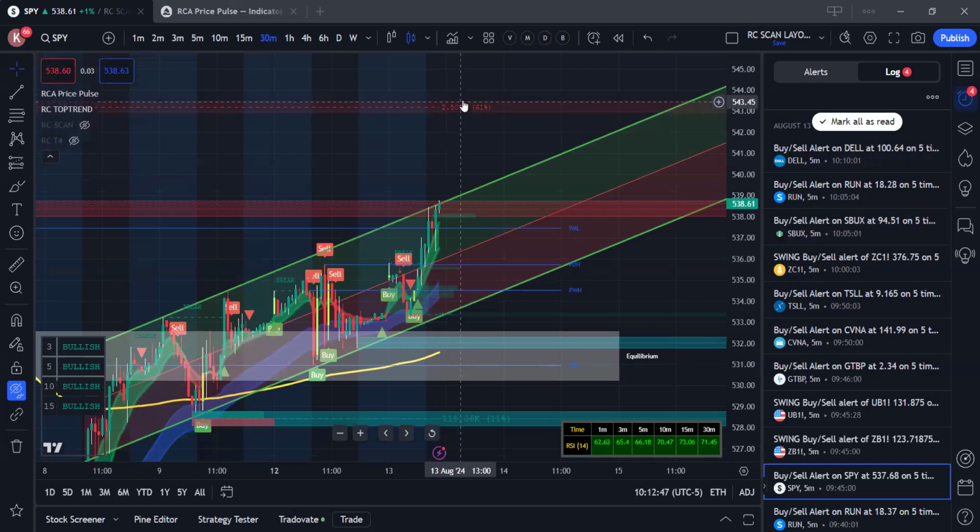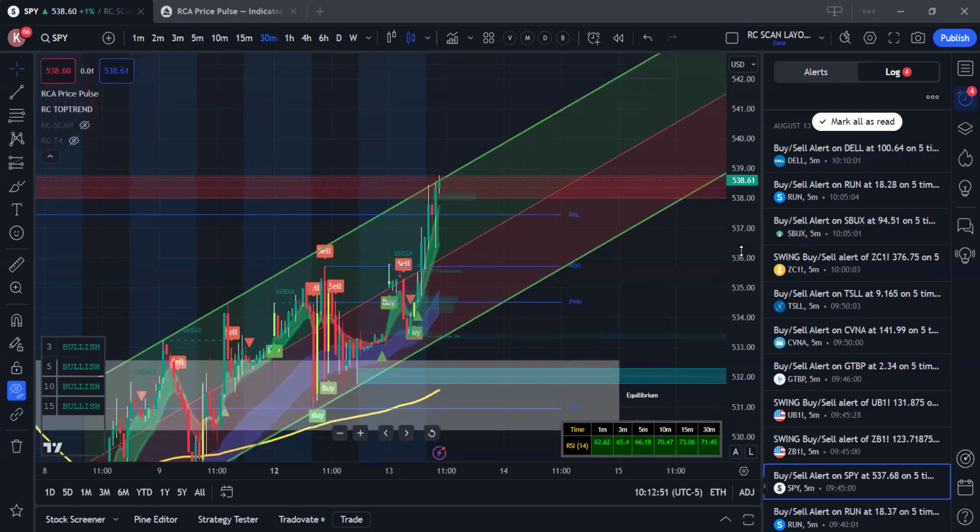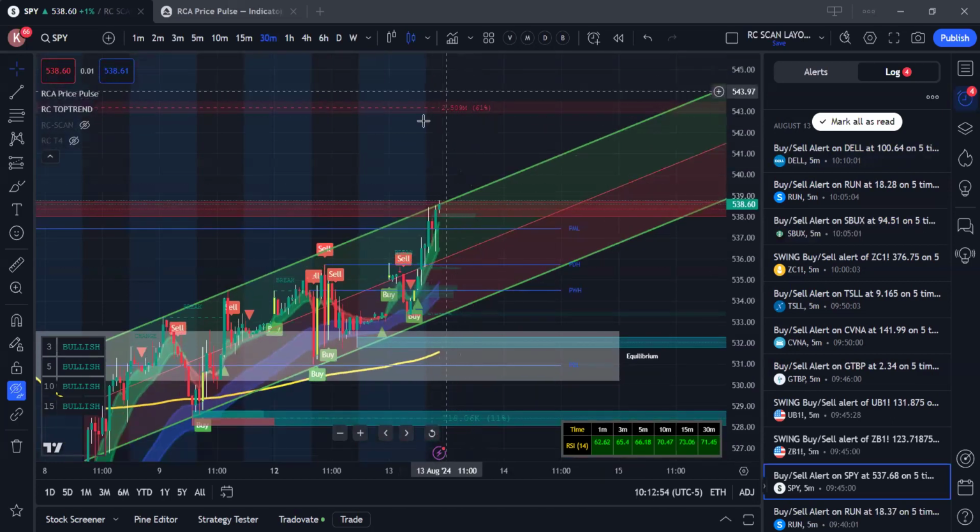If it goes to 543, there is a huge 2.5 million order block. That is a good time to go short. But today it might bounce more. By tomorrow it may touch this point. Then if CPI reports are not good, we may see a big drop.